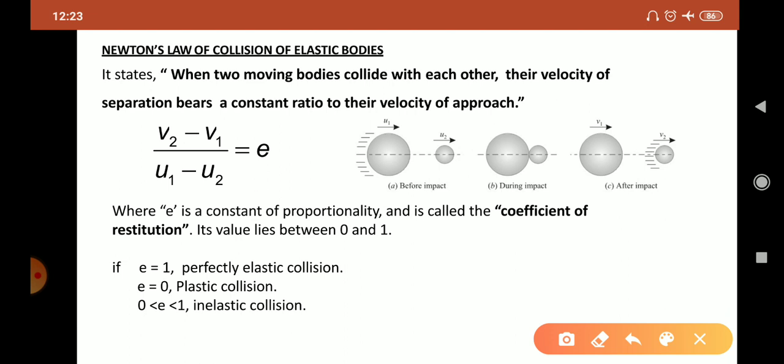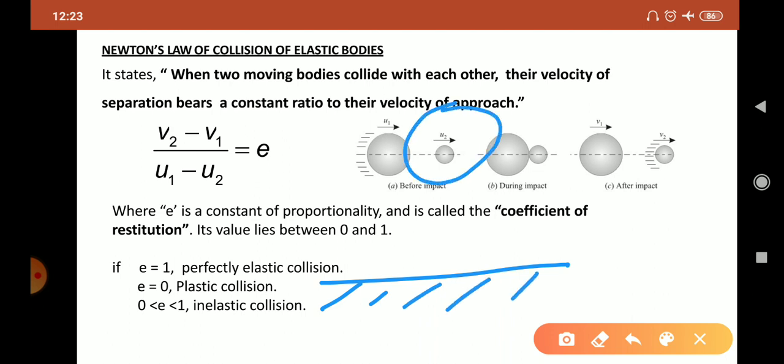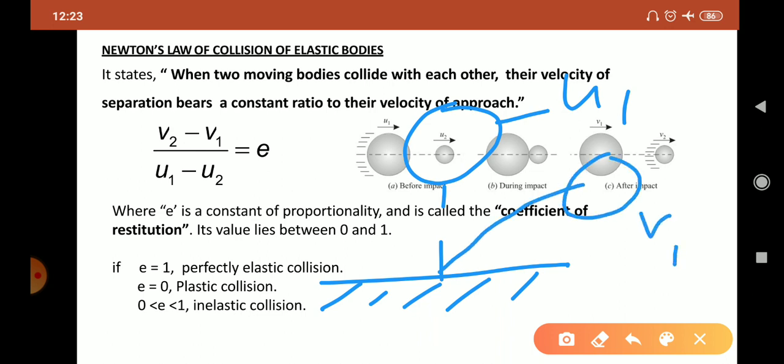Now suppose a collision occurs between a ball and the ground. In this case the ball has some initial velocity, say u1. After collision it will rebound and have some velocity v1. In this case u2 is 0 and v2 will always be 0.